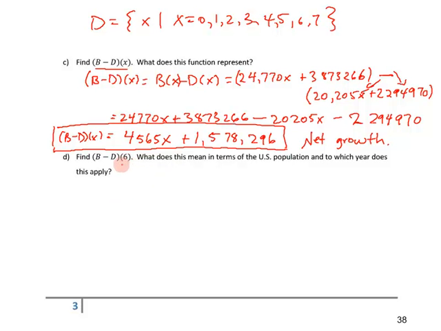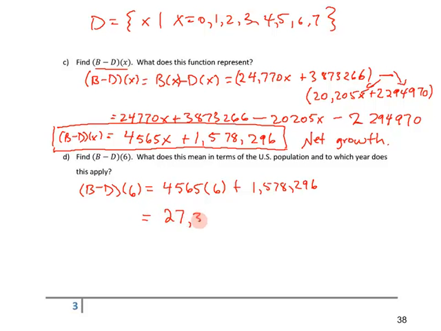Okay? So I'm going to find this and plug in 6. Right? I've got b minus d of x is the above formula. So if I want to find 6 for x, I'm going to do 4,565 times 6, plus 1,578,296. Okay, that times 6 gives me 27,390 plus 1,578,296.